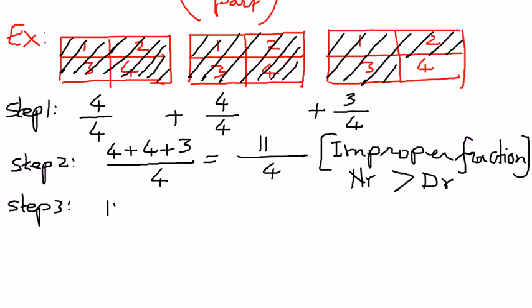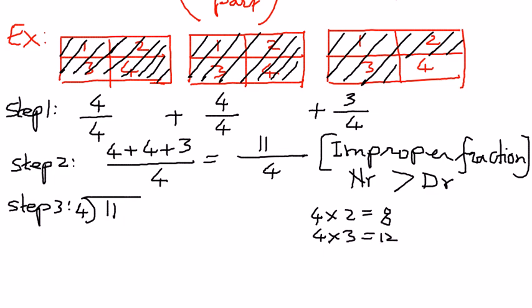We take 11 and divide it by 4. So, we know our 4 times table. 4 times what number is equal to or less than 11? Let's do this. 4 times 2 is 8. 4 times 3 is 12.